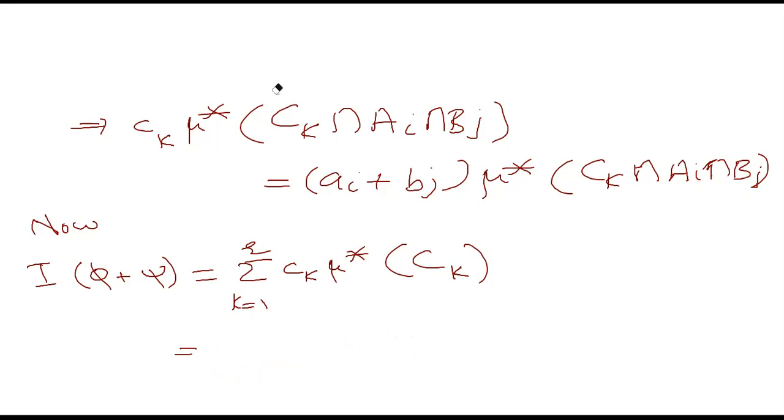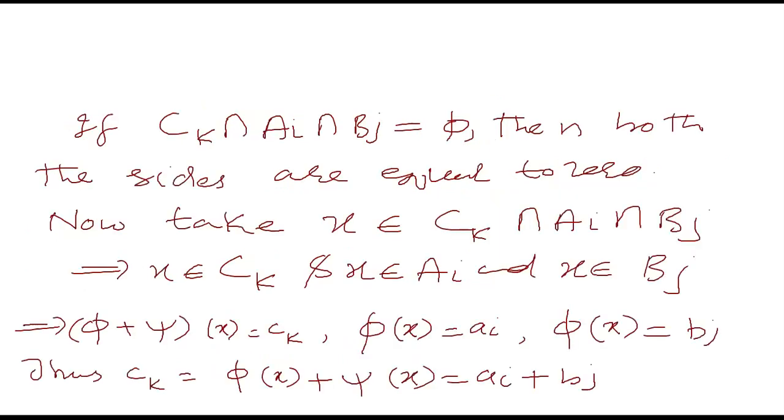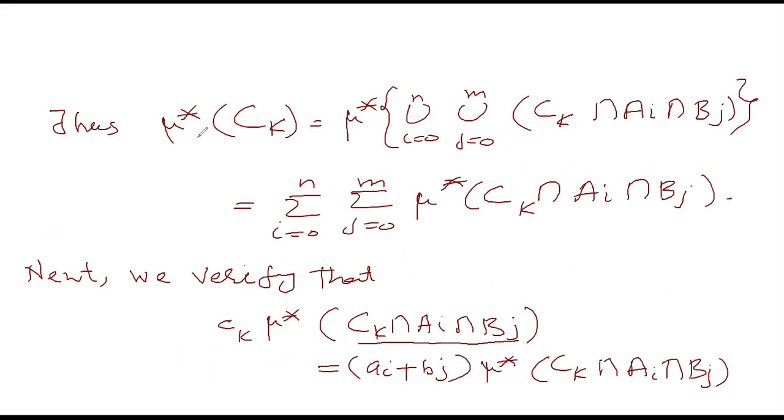So here I have the summation k runs from 1 to r of ck mu star of ck. Let me see what this mu star of ck actually is. It's a double sum of mu star of ck intersection ai intersection bj.